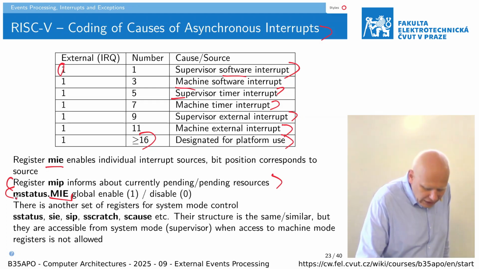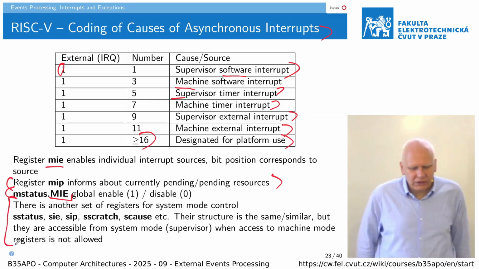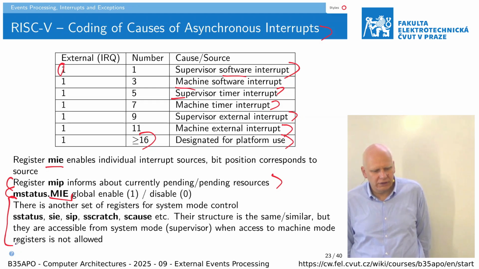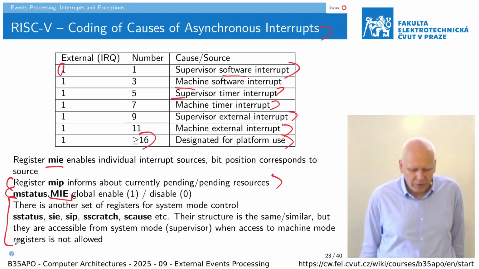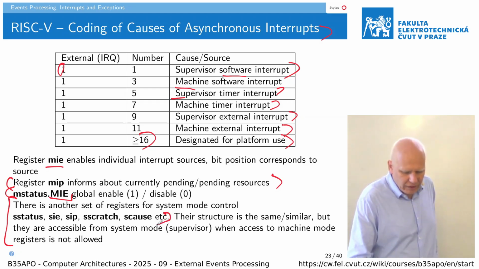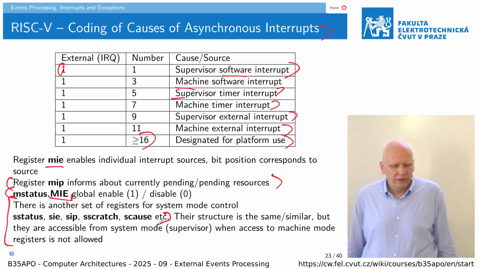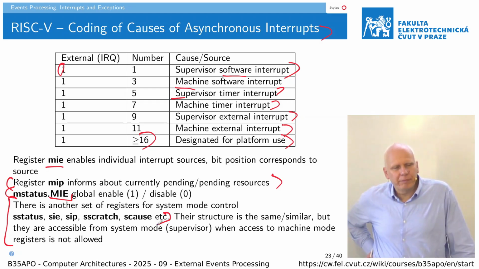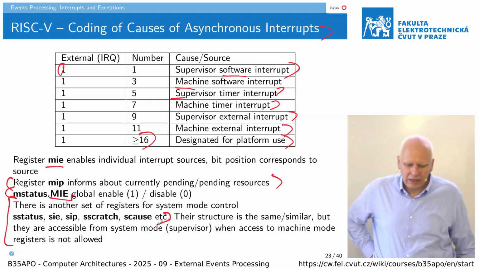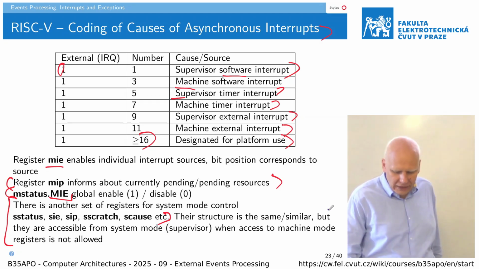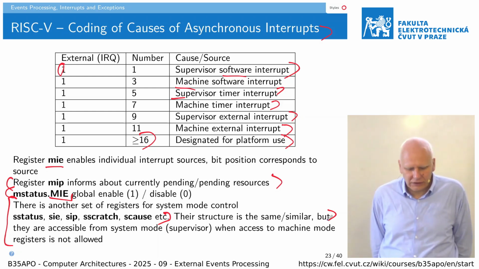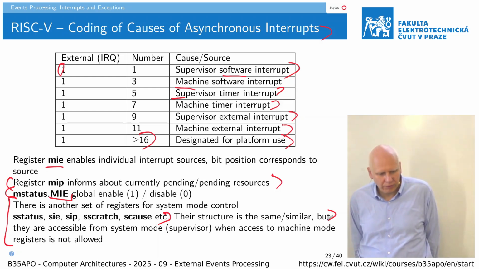There is yet another set of all those registers for the system mode. So for the system mode, we can have another set of those registers. So the interrupt processing on the system level can be done when it is delegated to the system level without the execution of the code in the machine mode.